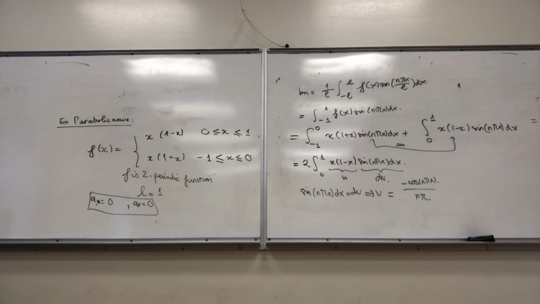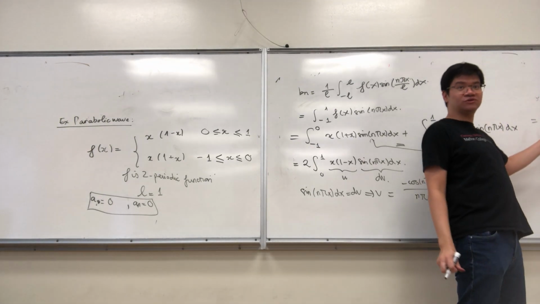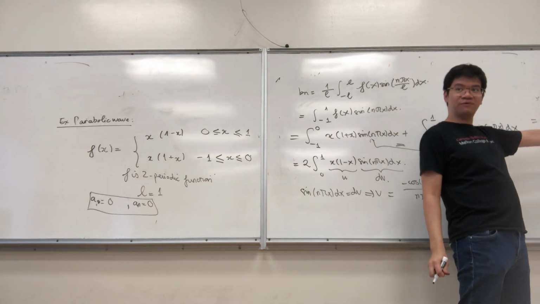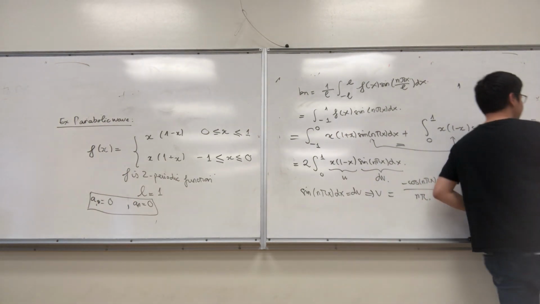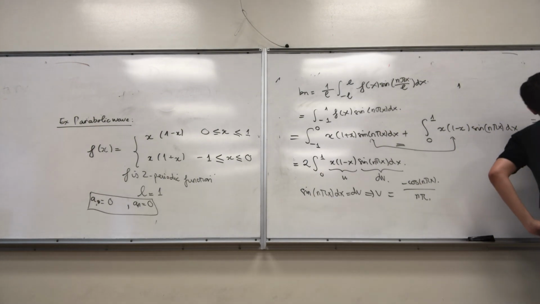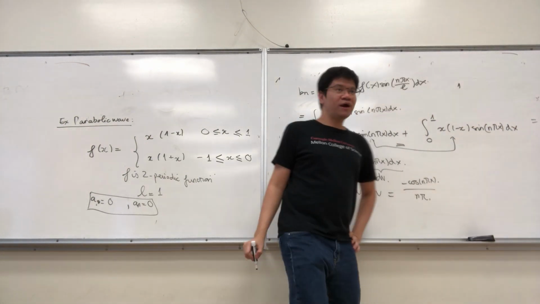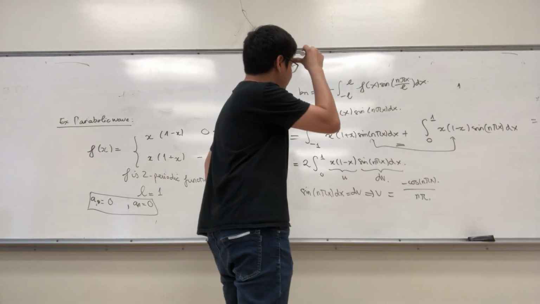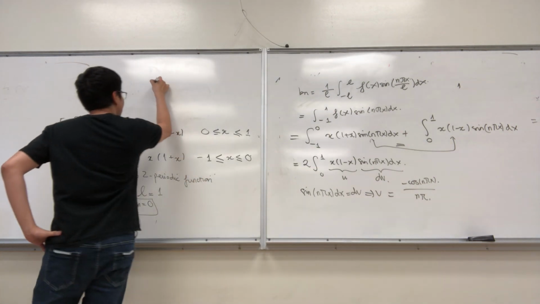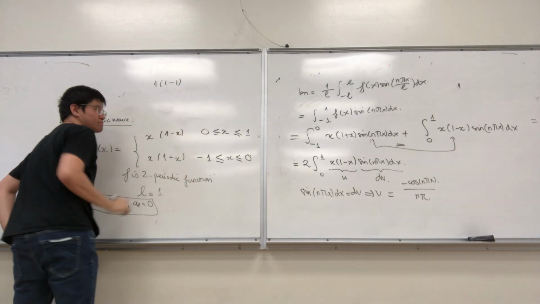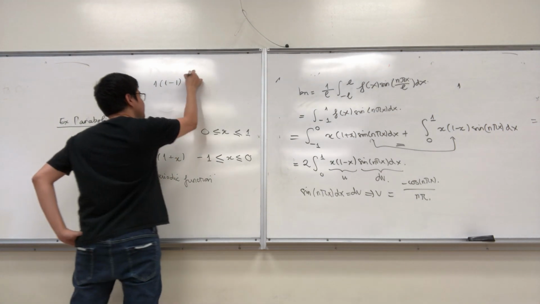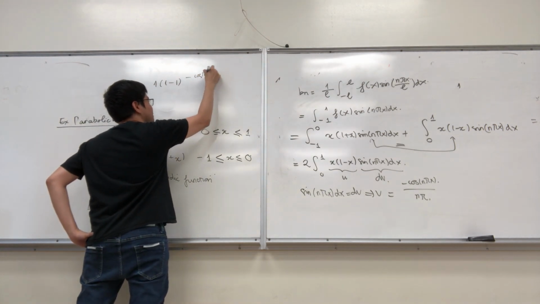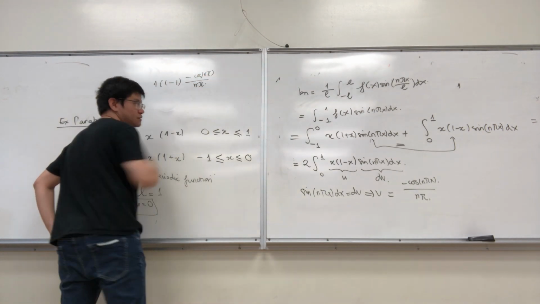So for the first one, when x is 0, this is going to be 0. When x is 1, it is also 0. So we don't have to worry about that. So this is going to be 0. Right? Why? Because when you replace it, you're going to have 1 minus 1, and then you have minus cosine of n pi over n pi, right?